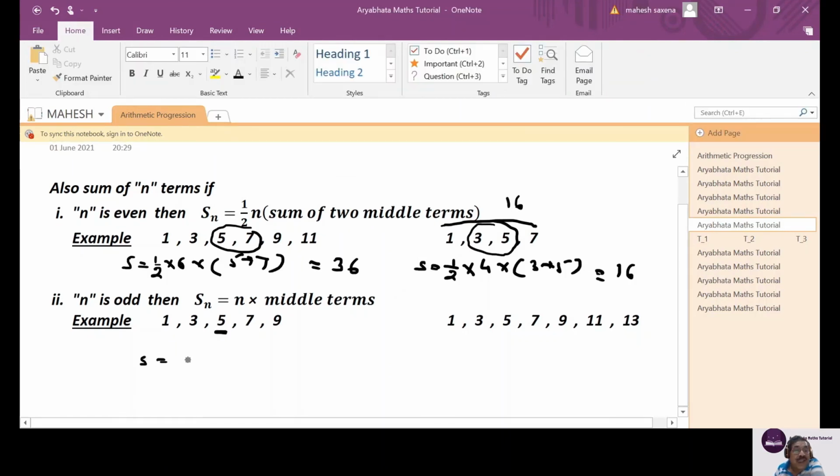Therefore, S will be the number of terms, 5, into the middle term, 5, that is 25. We take the second example. Suppose the terms are 1, 3, 5, 7, 9, 11, 13. In this case, the number of terms is 7 and the middle term is 7. Therefore, the sum S will be 7 into the middle term 7, that is 49.